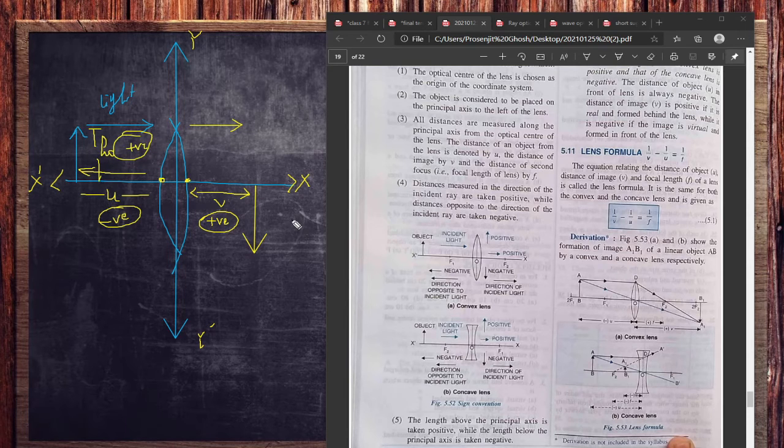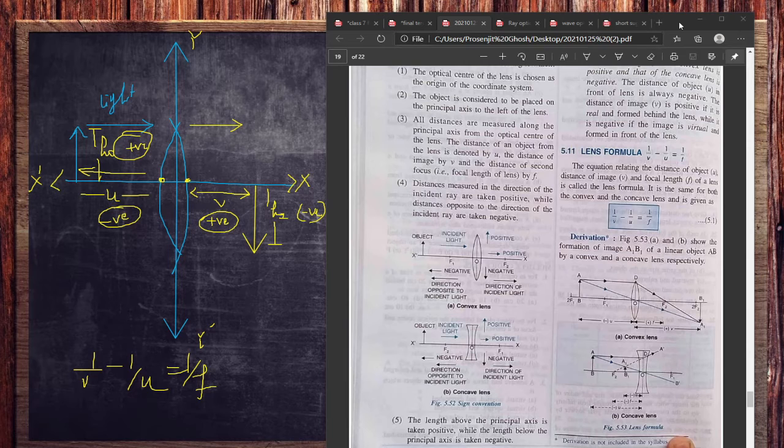Now the height of the image is along the negative y-axis, because this time the image is inverted, so that value will come out negative. This is all about the sign rule, and after applying it, we get the lens formula: 1 by v minus 1 by u equals 1 by f. That is the lens formula, a very important one.